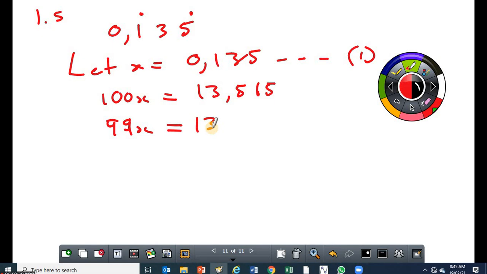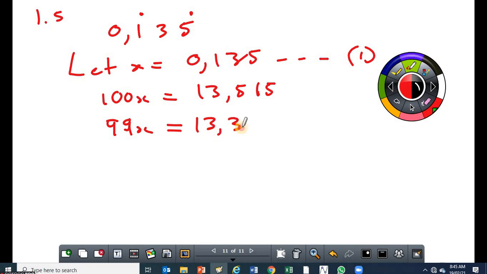What is 515 minus 135? Can you use your calculator? Tell me the answer. It's 13.38.